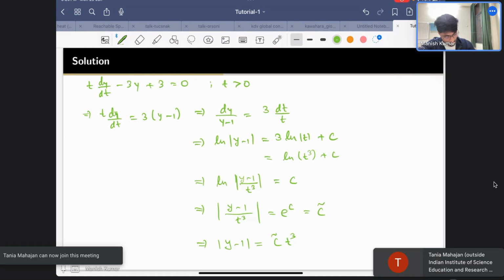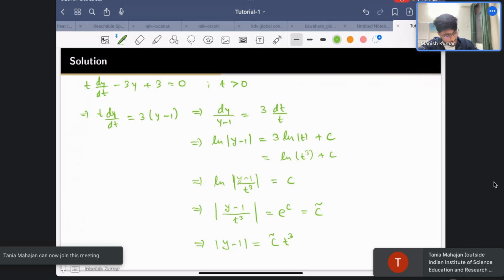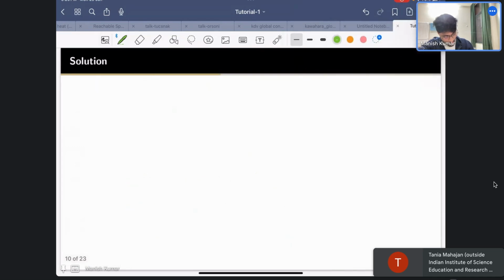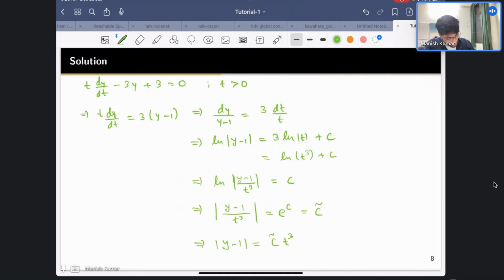So you have this formulation, and suppose you remove the mod. Suppose y minus 1 is positive, then you will get y minus 1 equals c tilde t cube, and if it's negative, you will get minus y plus 1. So from here you will get y equals 1 plus c tilde t cube, and y equals 1 minus c tilde t cube.